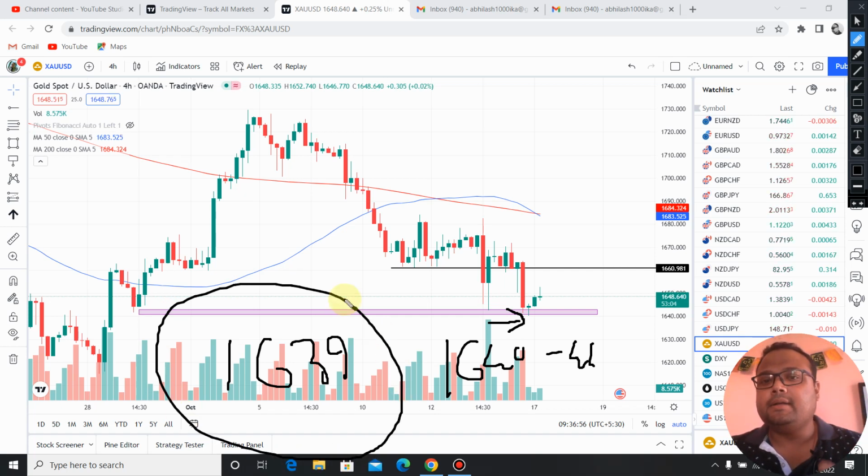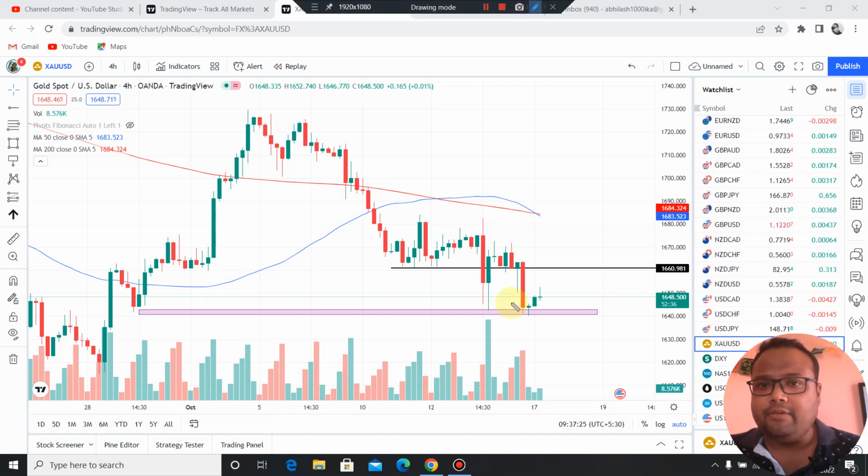But keep in mind, the size of the candle should be good enough, so we get the confirmation that we also have the volume. Whenever you see the market breaking 1639, if the size of the candle is small, do not trust it, because it can be a false breakout as well. But if you see the market going down with a big red candle, then you can take a sell position. So that is our strategy number one as of now.